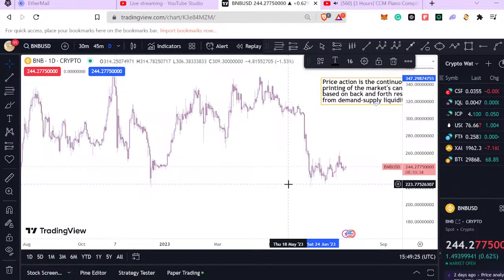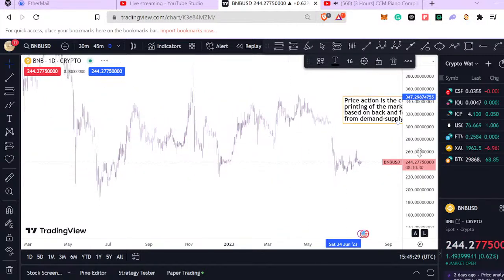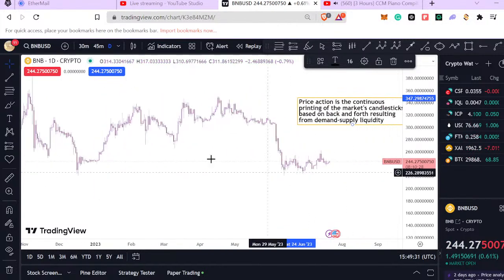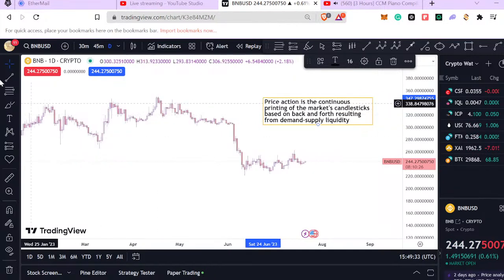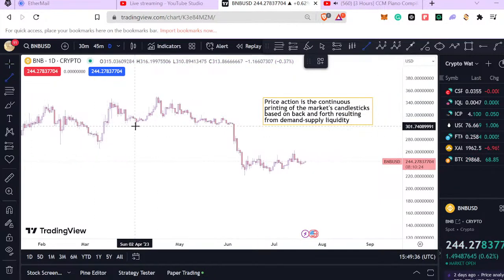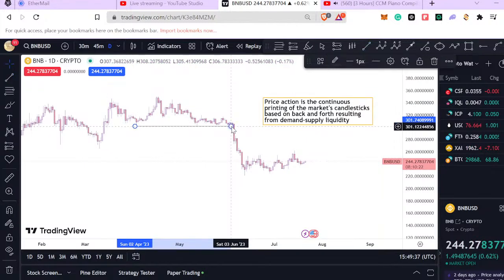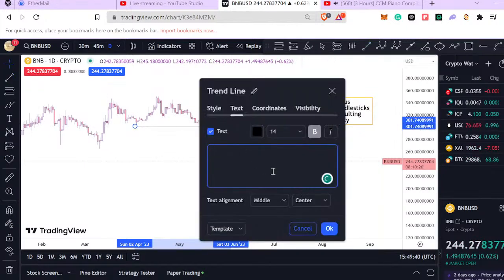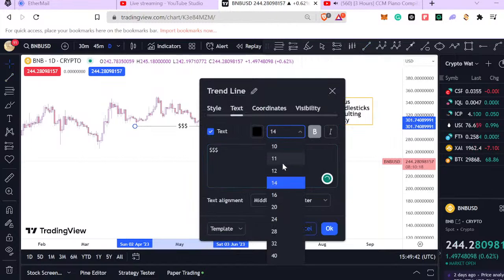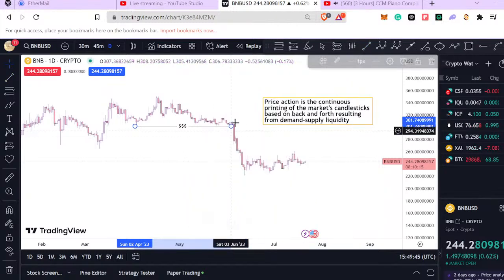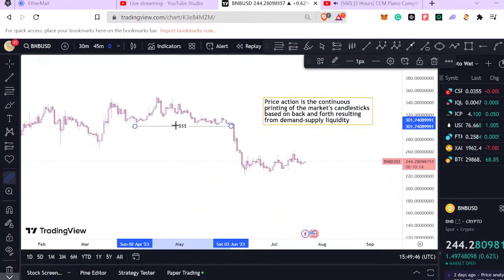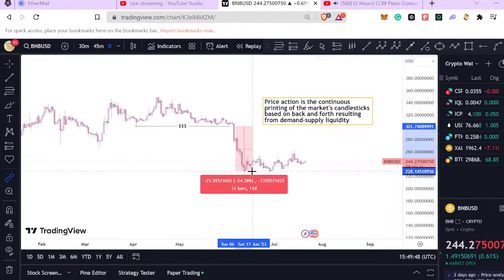Now, as we have done in our previous sessions, I want to state very importantly that all that has happened to BNB, making it topple from this point and come all the way down like this, is proof of price action.